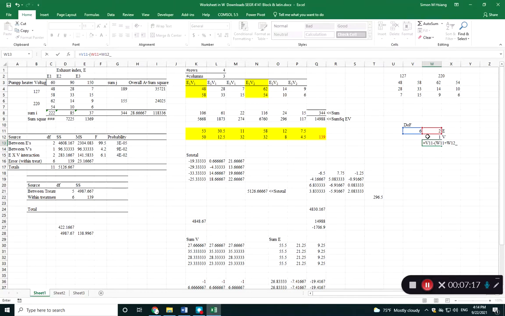So I will end up with 3 degrees of freedom left. That 3 degrees of freedom is my interaction, E times V. And how to figure that out? Main effect, how many treatments for E do I have? 3, right? So 3 minus 1 gives me 2, right? People see that? That's the old deal.